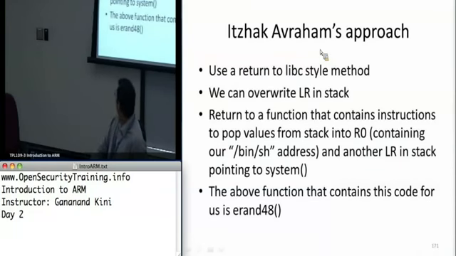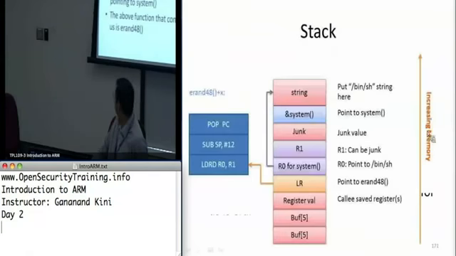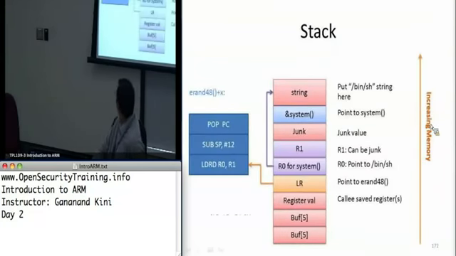So the approach that he used was to use a piece of code from ERAN48, which is a libc function. And I'll show that to you graphically here. So the idea is, if we have a vulnerability, in this case, I'm just taking a buffer, right?